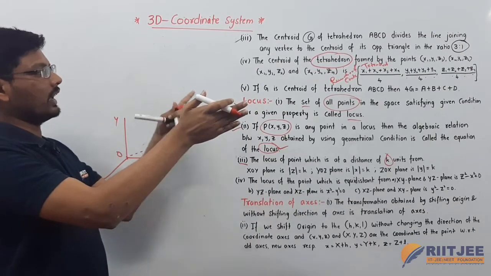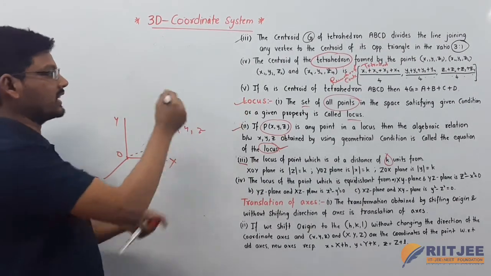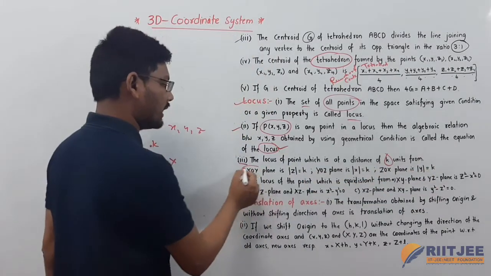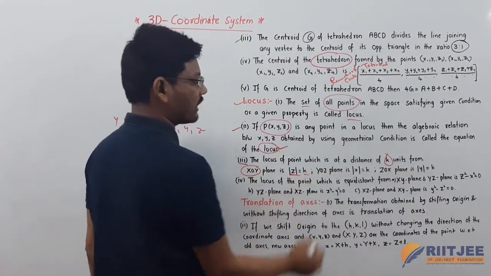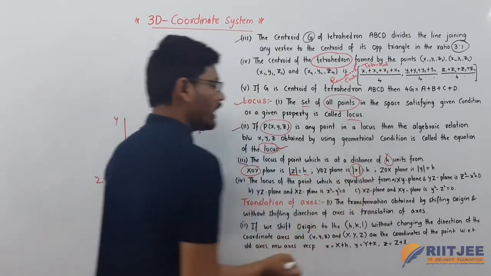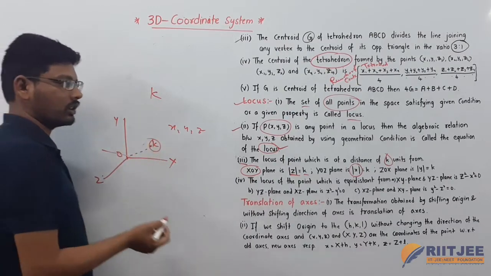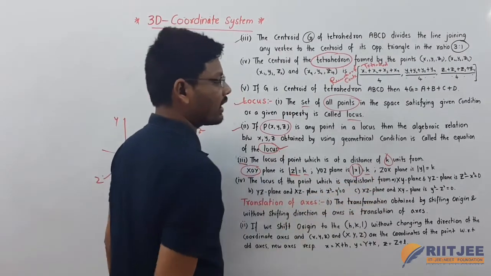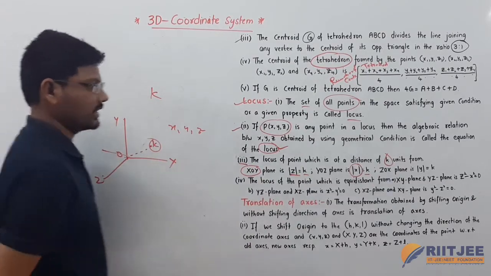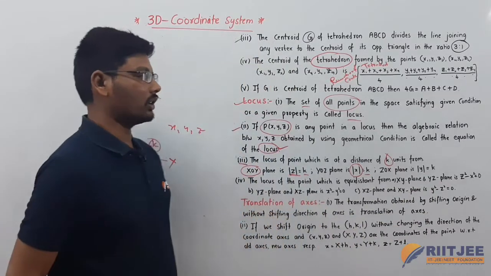The distance between the board and my hand is k units, so k units from the xy plane is |z| = k. Similarly, for the yz plane, the distance is |x| = k, and for the zx plane, |y| = k.